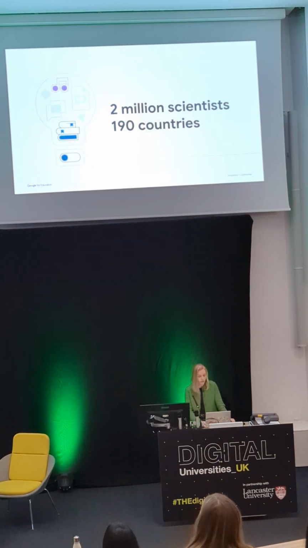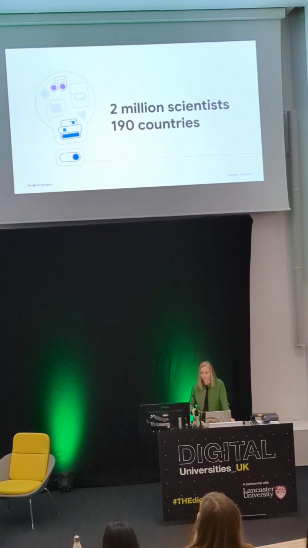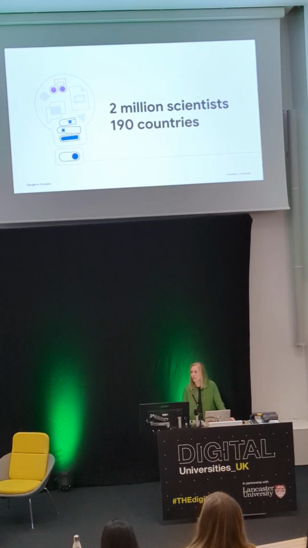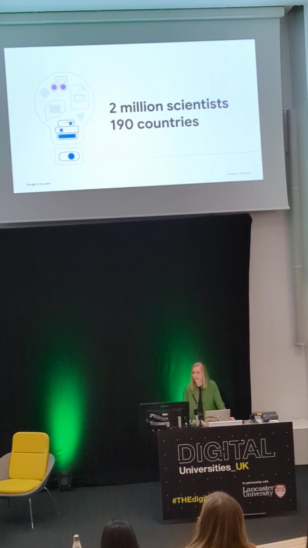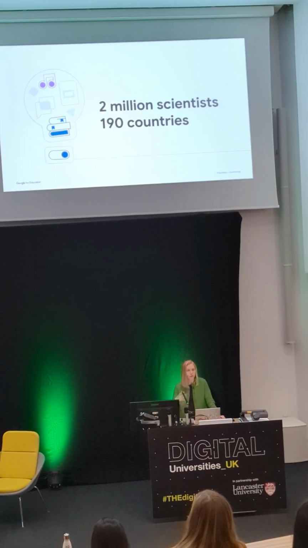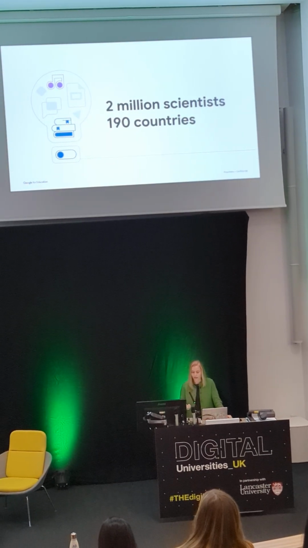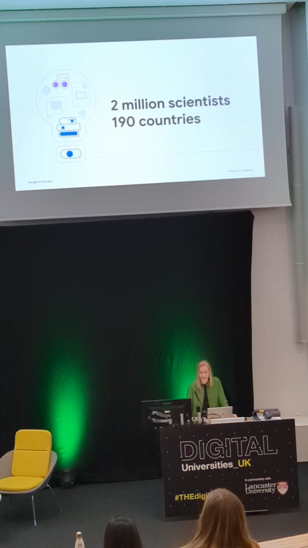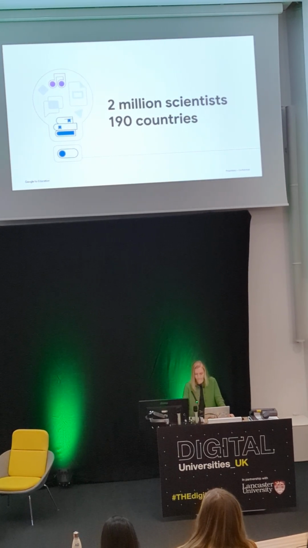Now AlphaFold predictions are freely available. They have become a powerful tool for over 2 million scientists across the world in 190 countries. And it's all about that transformational power of AI and also about democratizing access to powerful tools.